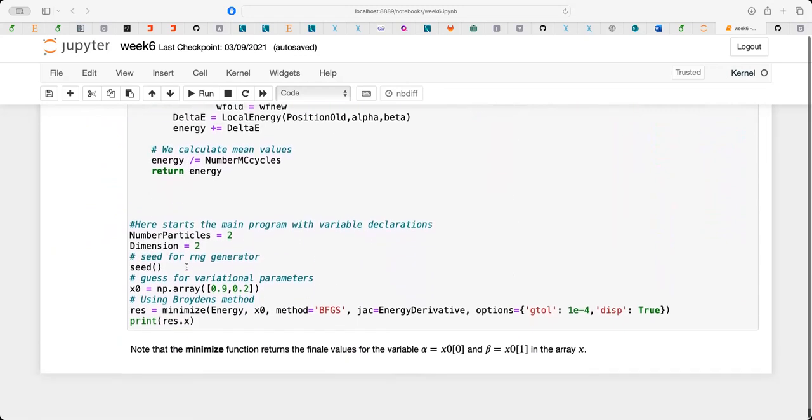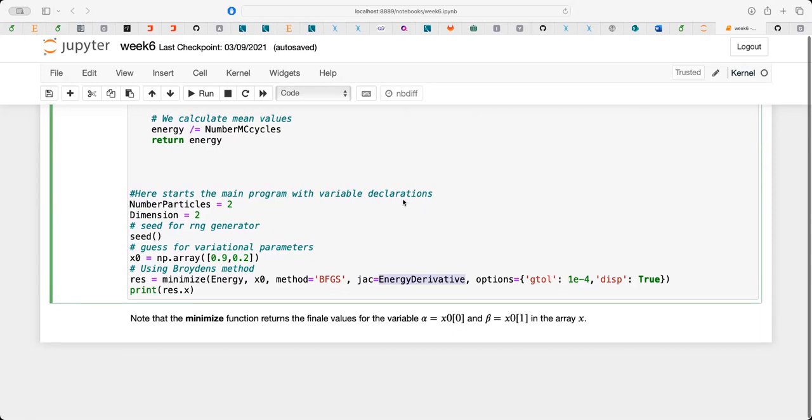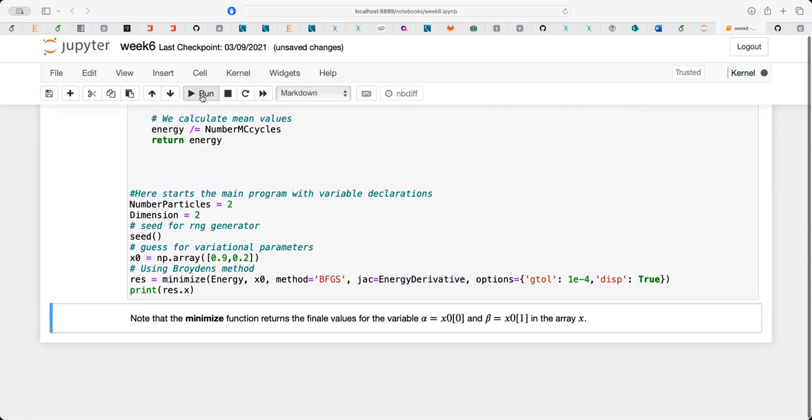So Broyden's method, which is this minimization algorithm here, and then I have Broyden and this acronym which we discussed before the break. I have a function which is called the derivative, and I have a tolerance of 0.14 here. So if I rerun it, you will see that this one is going to need a few iterations in order to converge to the correct value or to the best possible estimate.